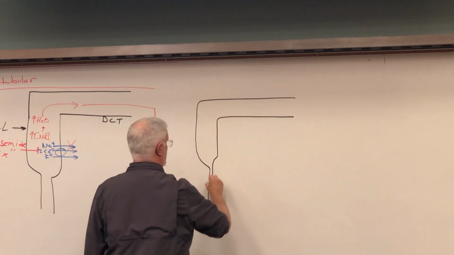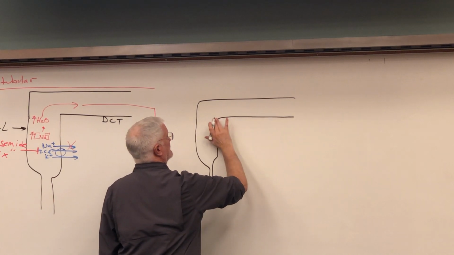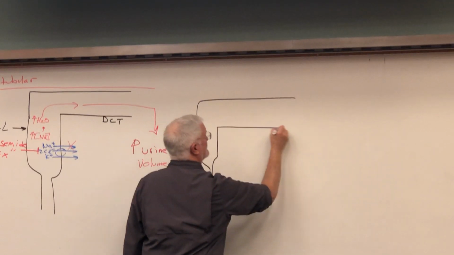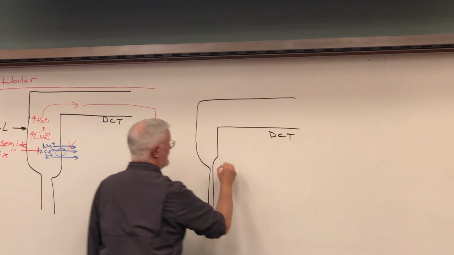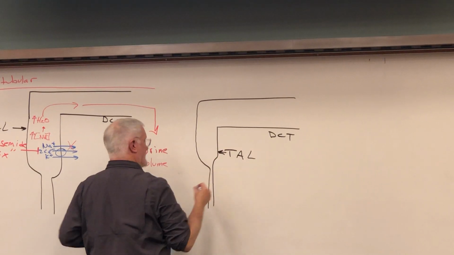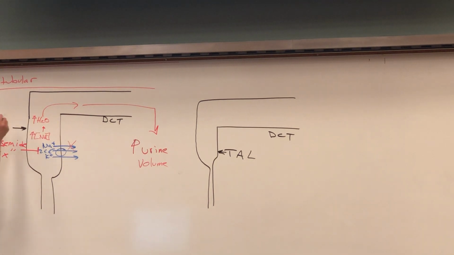Whoa. All right, there's my narrowing. Okay. Distal convoluted tubule. This is the tau, right there.